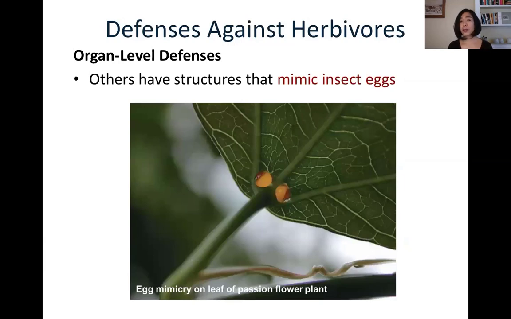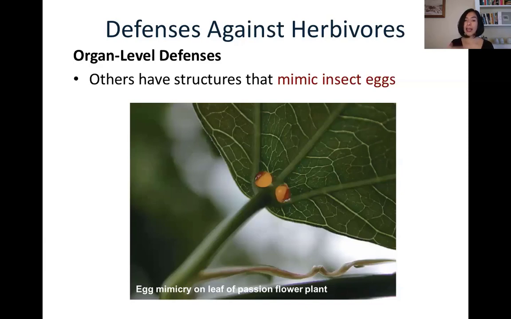Another one that is super cool is this mimicry. Some plants produce a structure that mimics insect eggs. So when insects locate eggs that have been placed in plants, they try to find another plant or another part of the plant, because they don't want their babies to compete with other species or other babies of the same species.